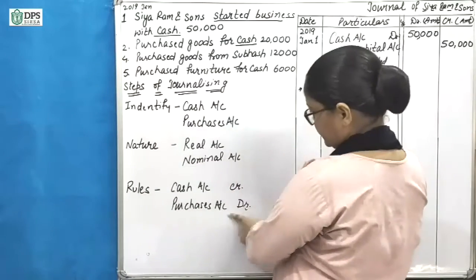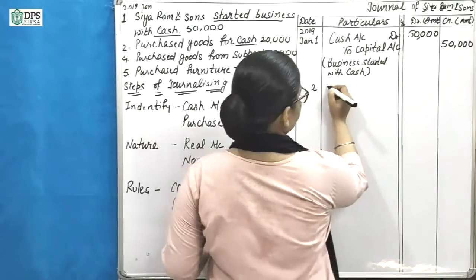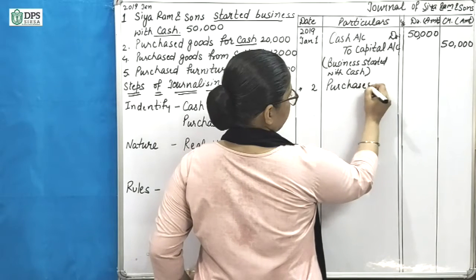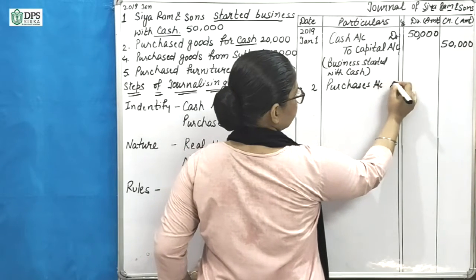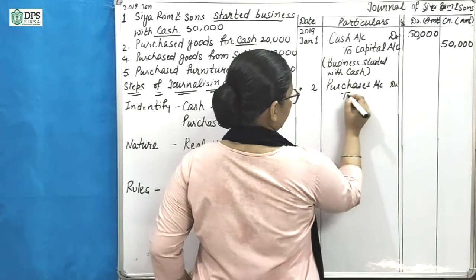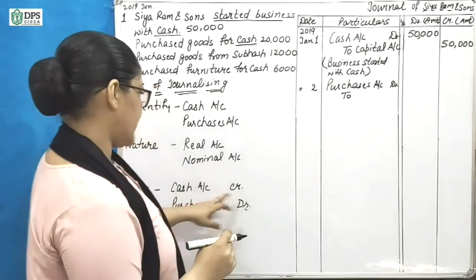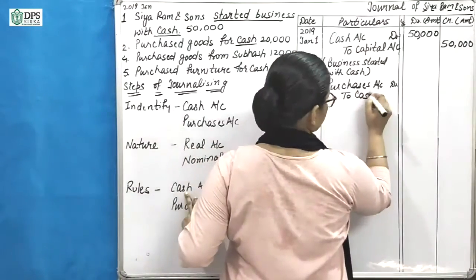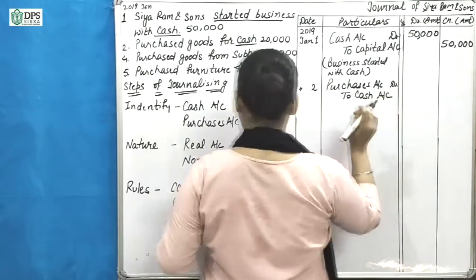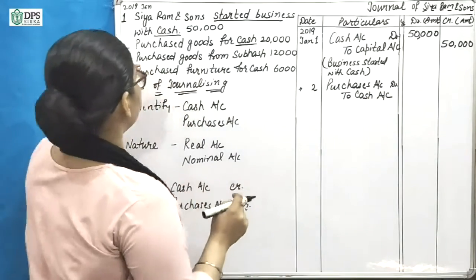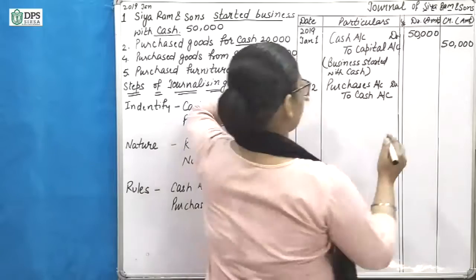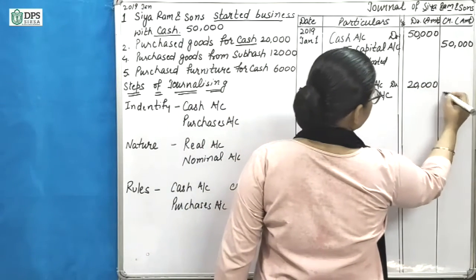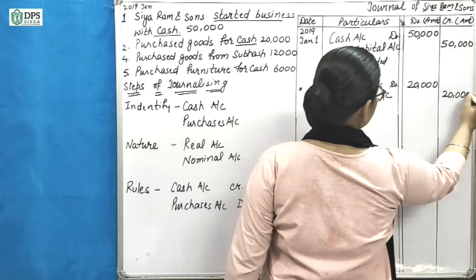What is debit? The purchases account debit. So we will write here the purchases account, debit, to. Next is what is being credited? What is being credited is cash account. So we will write here cash account. So what is the amount of this entry? 20,000. So we will write the debit amount over here and the credit amount over here.